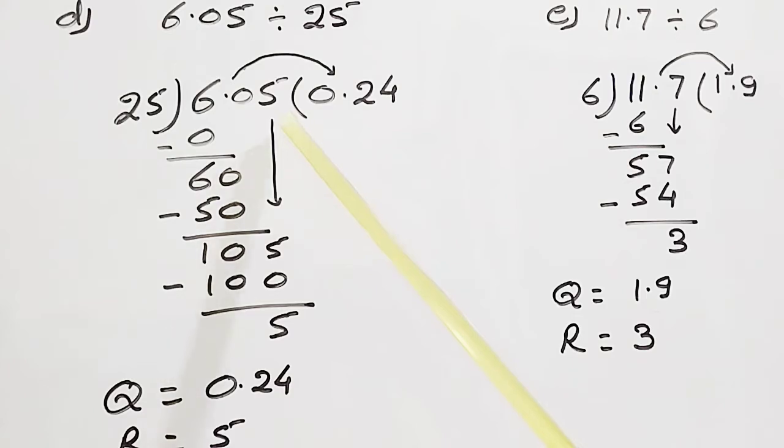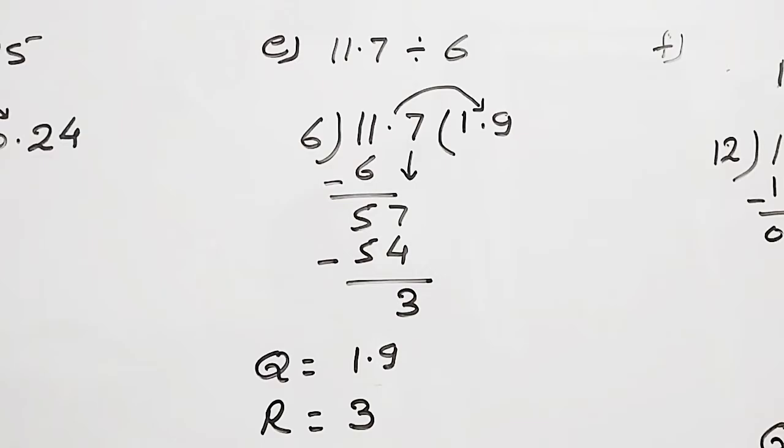Then write the next digit 5 down. Now it becomes 105. 25 when taken 4 times gives 100. Subtract 100 from 105. It is 5. So 0.24 is the quotient and 5 is the remainder.